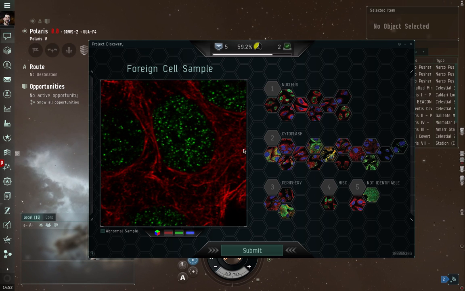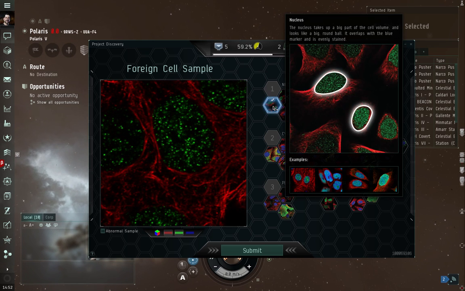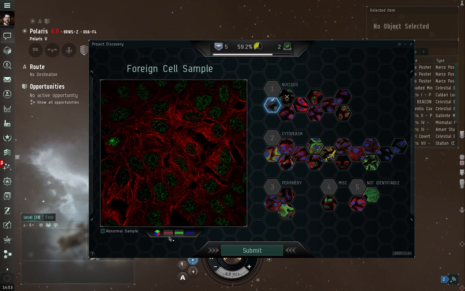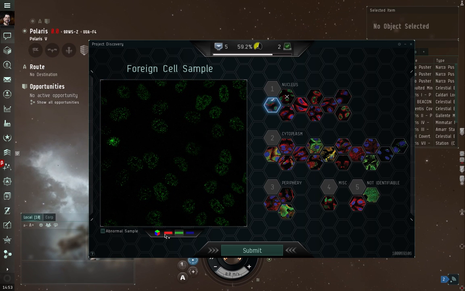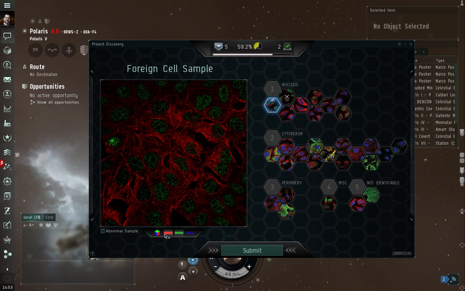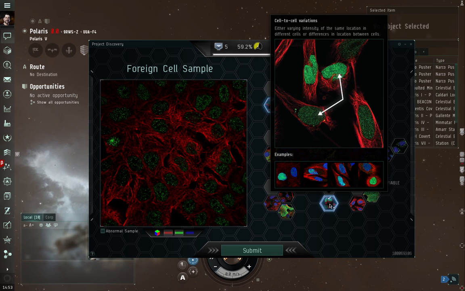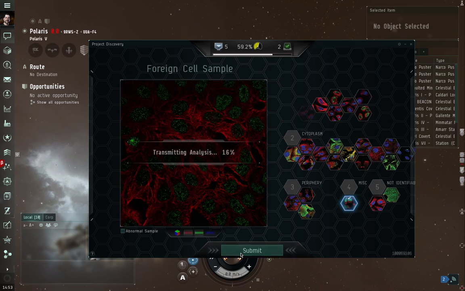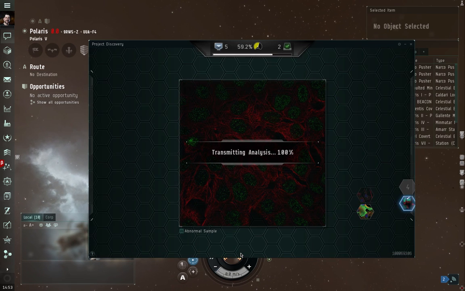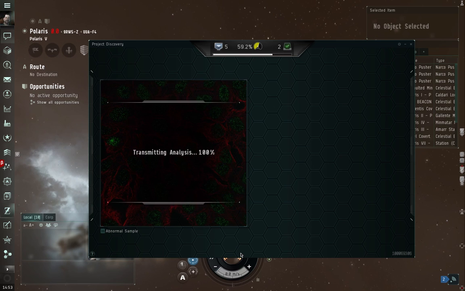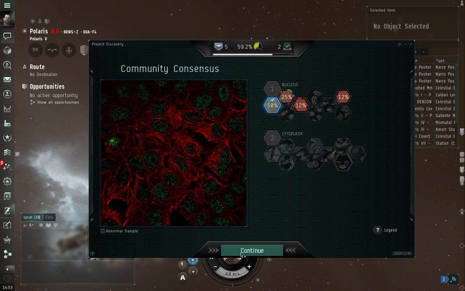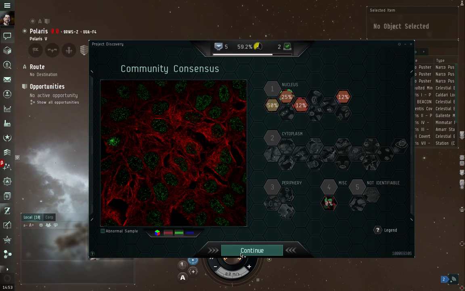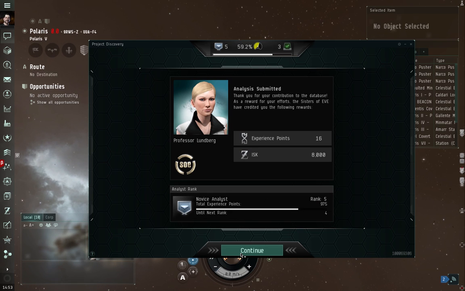So I'm just going to say nucleus for this one. And maybe some cell-to-cell variation just because of that one cell. I'm the only one that cared about that one cell. Poor little guy.